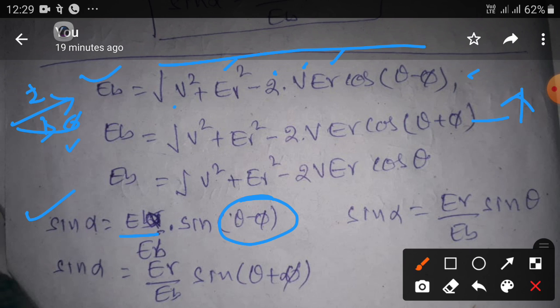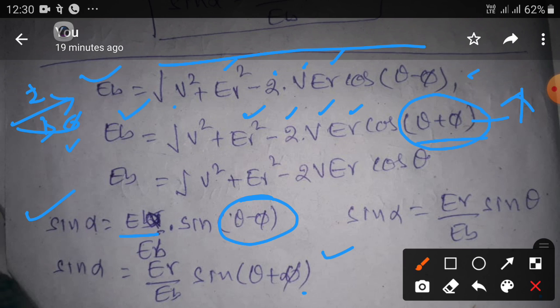At that condition, the back EMF in the motor is equal to the square root of V square plus ER square minus 2 into V into ER into cos of the angle between the voltage and ER, which is theta plus phi. This is the only change. Due to this back EMF, the current drawn is leading power factor. To know sin alpha, the formula is ER by EB into sin theta plus phi, under the overexcited condition.